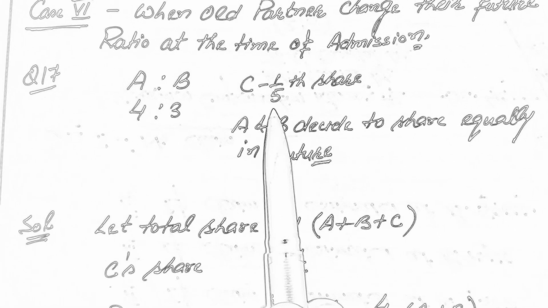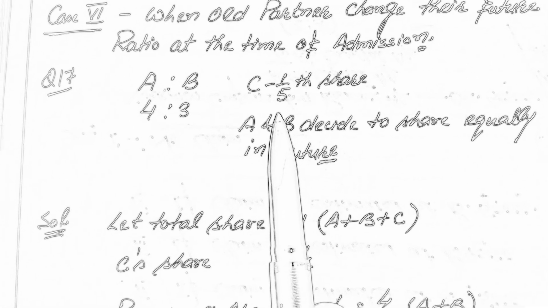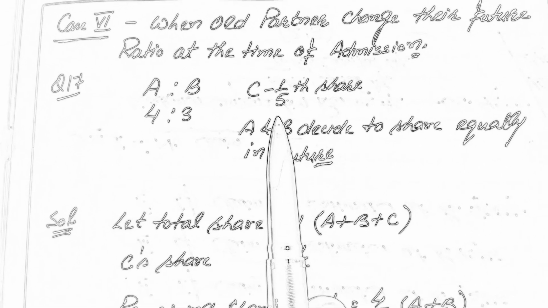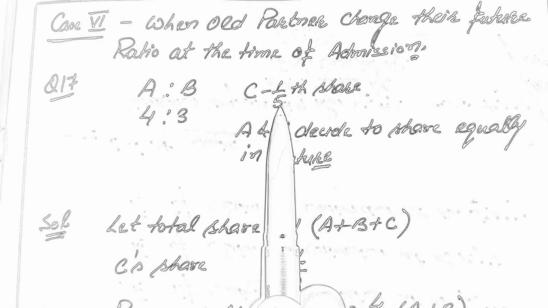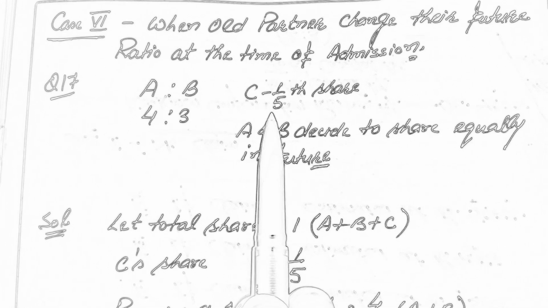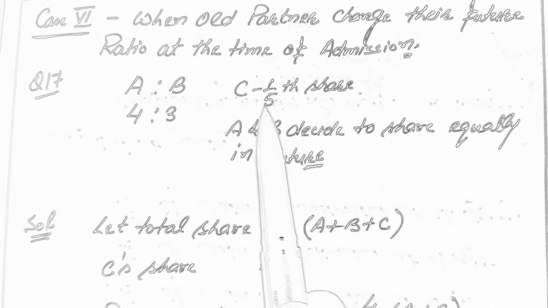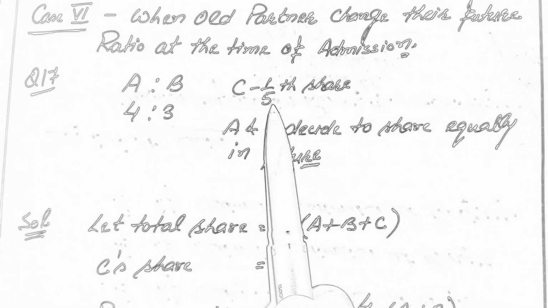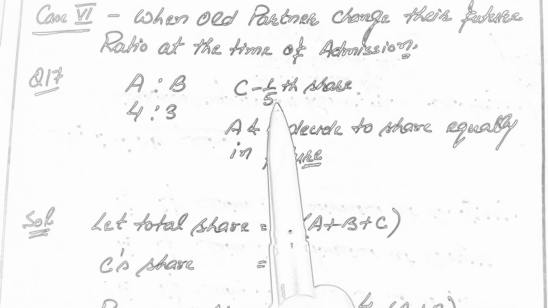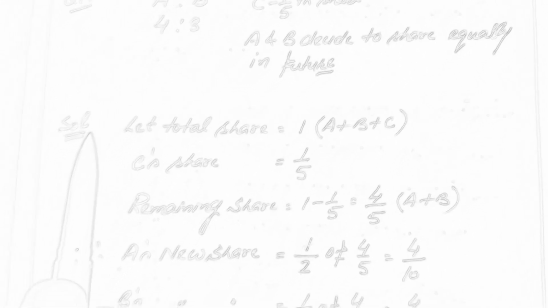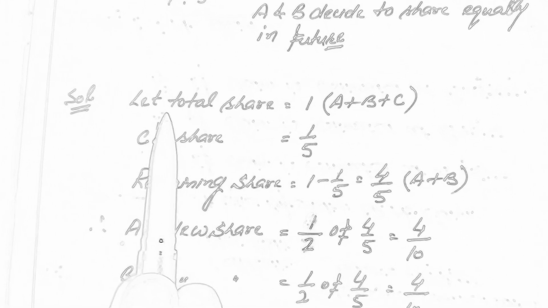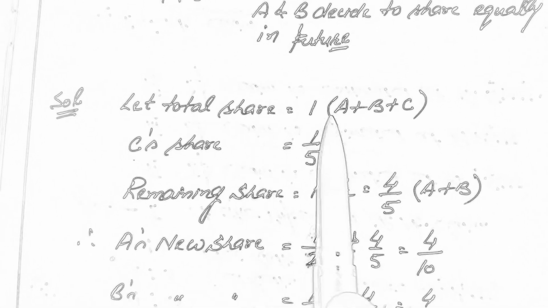Now this case is just like case 1, in which there is no information about the new partner except his share. That's why we will solve this question just like case number 1, in which first of all we assume the total share is 1.